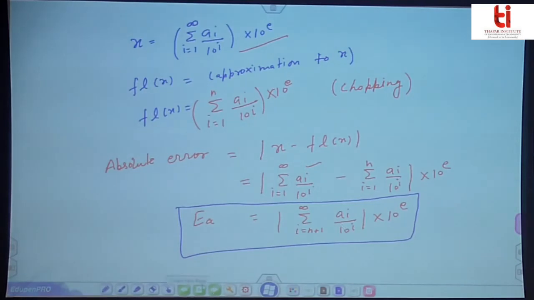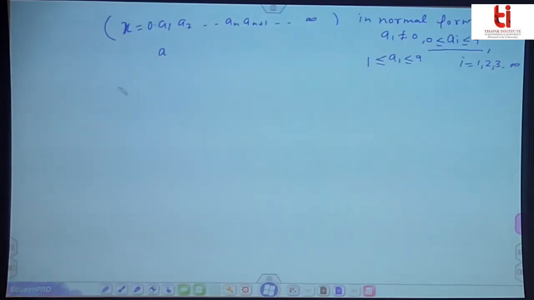What do we want? Here we are interested in computing the maximum value of the absolute error.